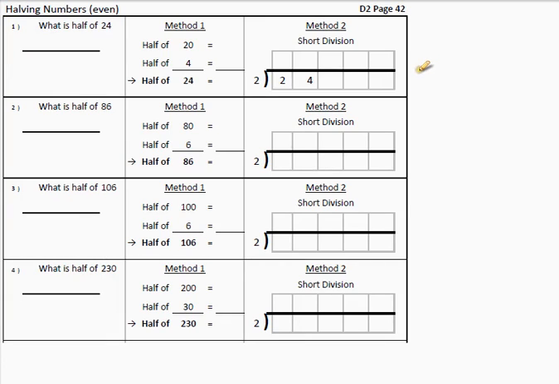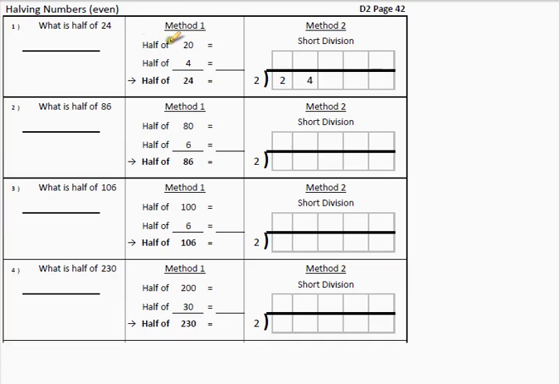So I want to look at how you can halve a number in your head, but also if you couldn't do that and you have a pencil and paper, why not quickly write it down if that works better. So we're going to practice both of these methods, and the more you practice it, the faster you will get, okay?